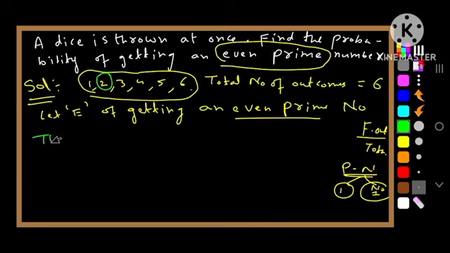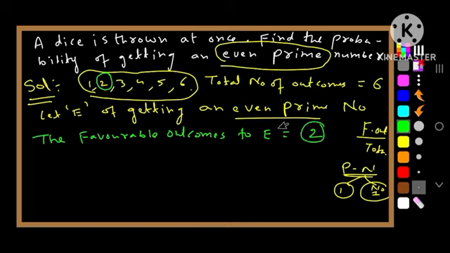So the number of favorable outcomes to E is only 1.